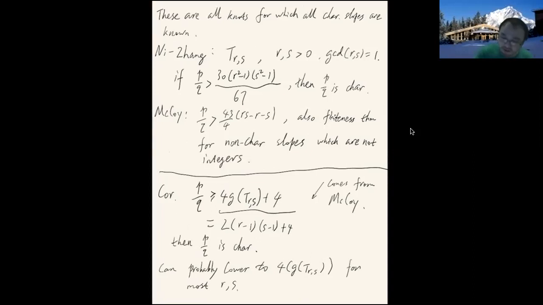I'll show you an example. So I guess there is a gap between 4g(T(R,S)) and 4g(T(R,S)) plus 4. I think the most interesting case is S equal to 2, and let's say R is equal to 2n plus 1. Then in this case g is equal to n.